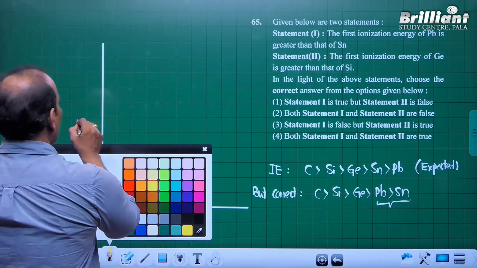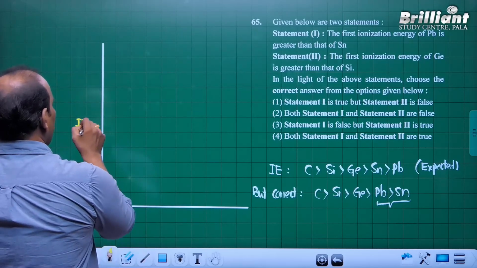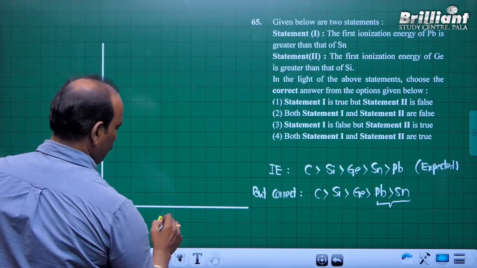Okay, so this is ionization enthalpy, this is atomic number.